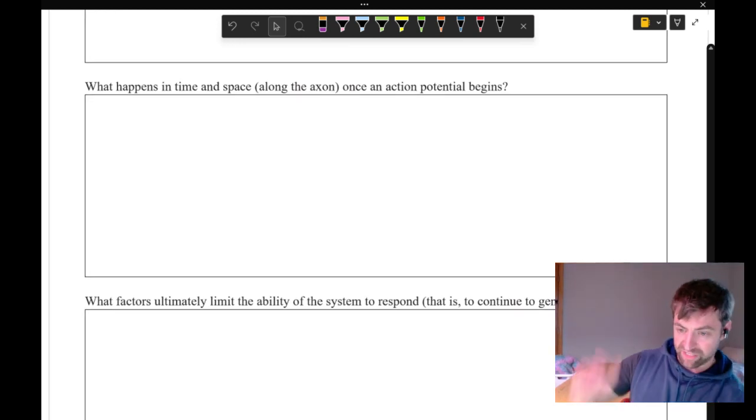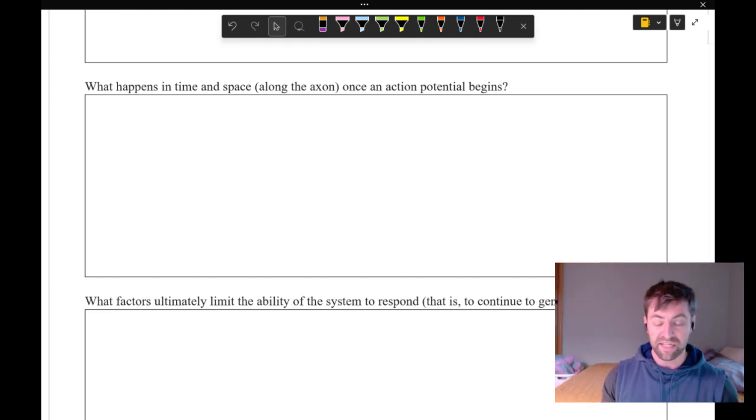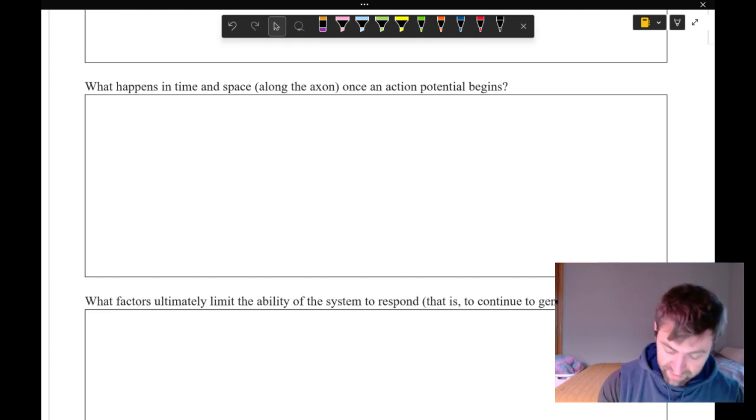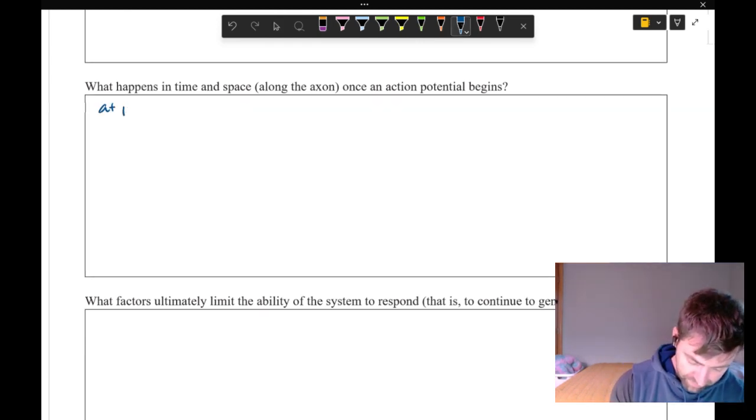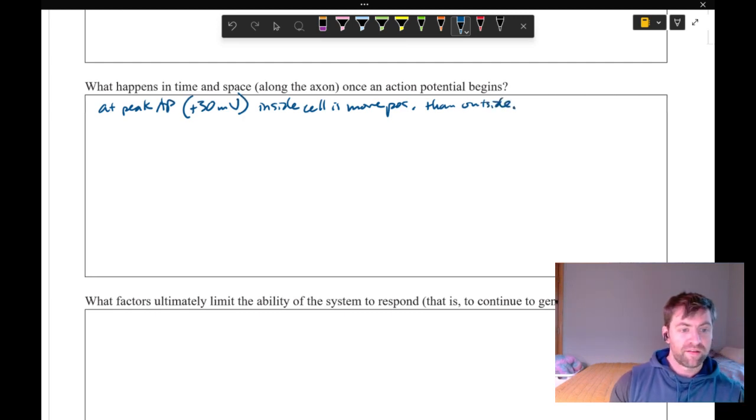So at the height of the action potential, that positive 30 millivolts, the inside of the axon is now more positive than the outside, at least for that infinitesimally small moment in time.